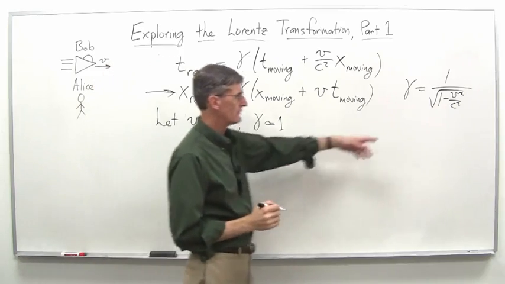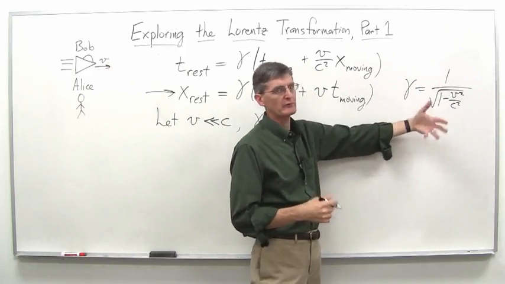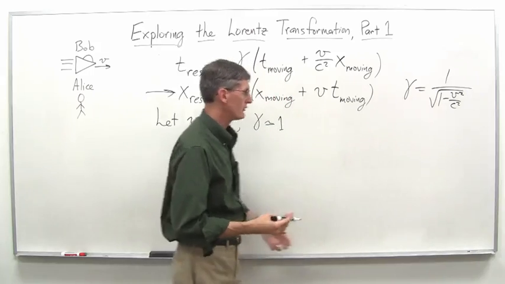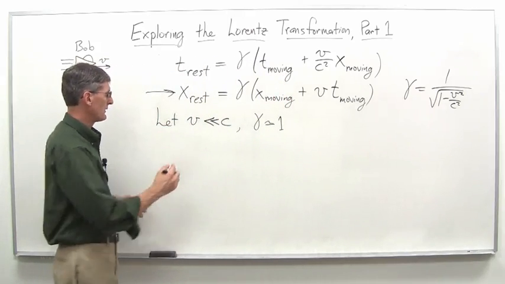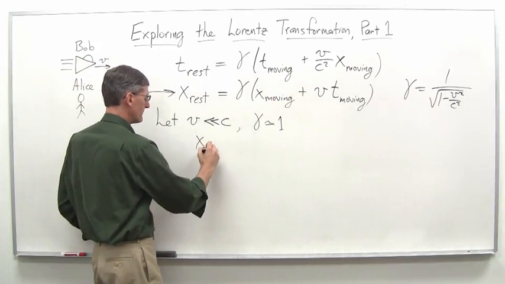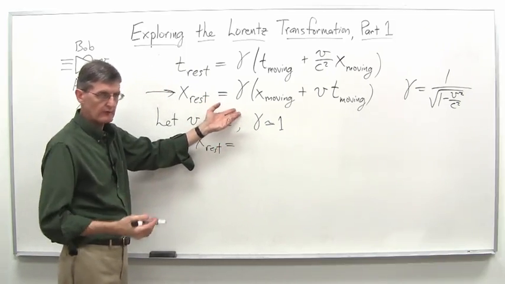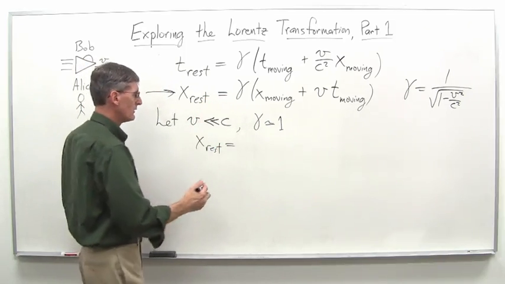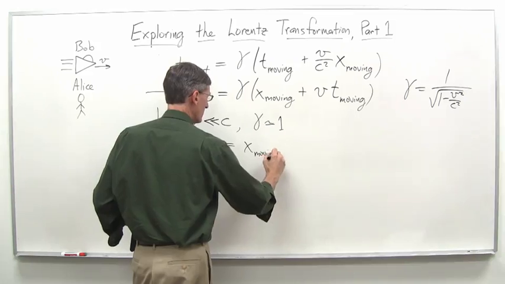This is essentially 1 minus something pretty close to 0, and 1 divided by the square root of something pretty close to 1 is going to equal 1. So gamma is approximately equal to 1. And so what do we get then? We get x rest equals gamma, approximately equal to 1 here, and so it becomes x moving in the moving frame.